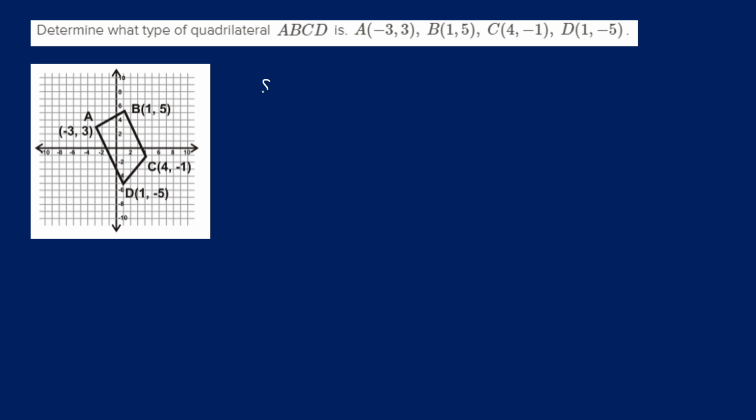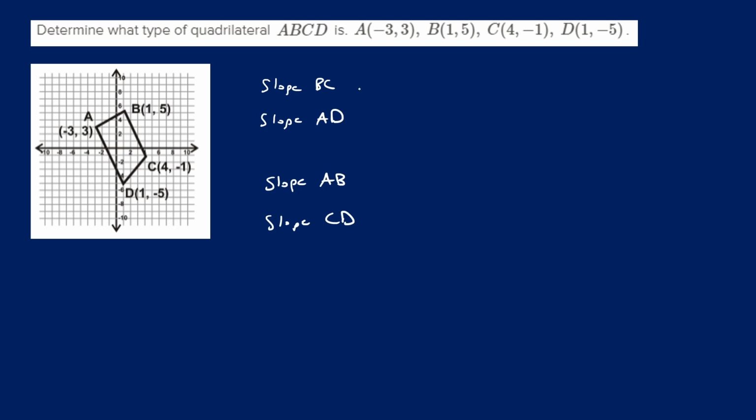So what I would do is find the slope of BC and the slope of AD, and hopefully those are the same. If they are, then we know those are parallel. But then I need to also confirm that the slope of AB and the slope of CD are not the same. Because if they were, then I would have a parallelogram, not a trapezoid.